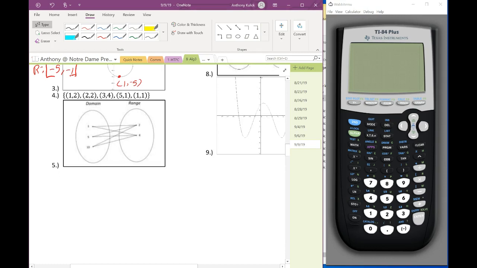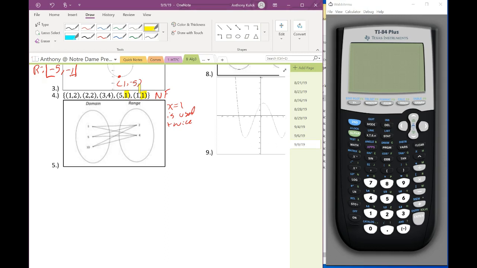Let's look at 4. Is 4 a function? No. Okay. Why not? Okay. Let's be a little bit more specific about 1. Let's say x equals 1 is used twice. The reason I want to be more specific is that 1 is also used twice as a y-coordinate, which is fine.